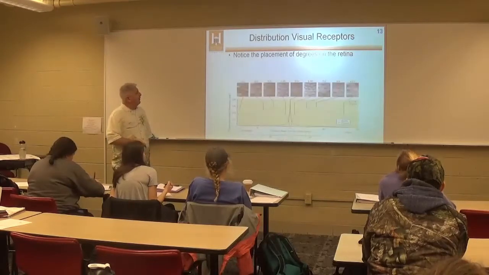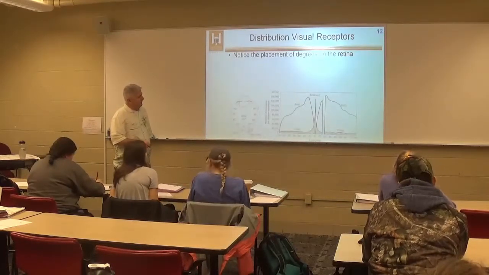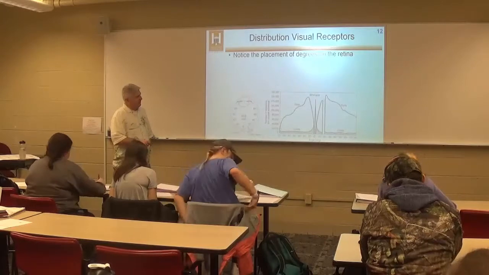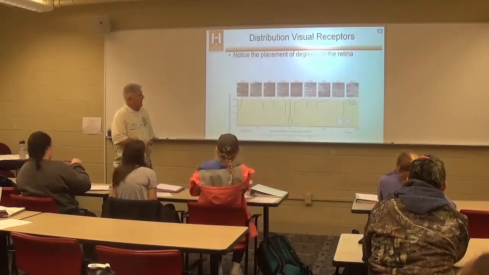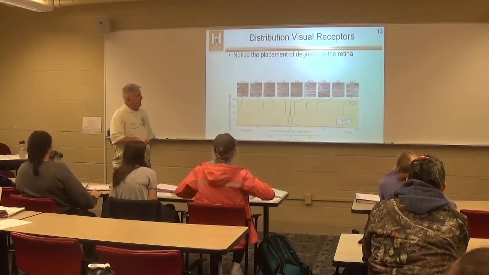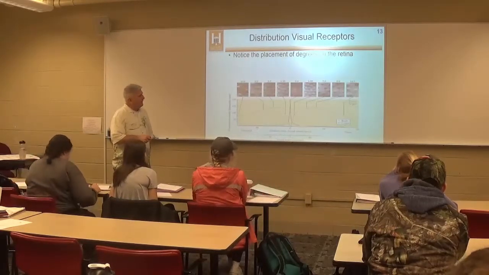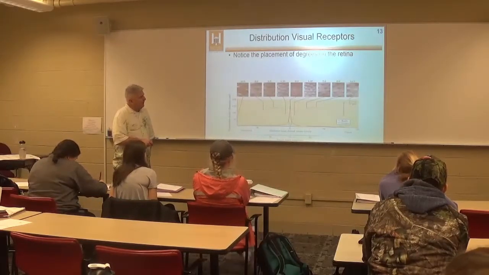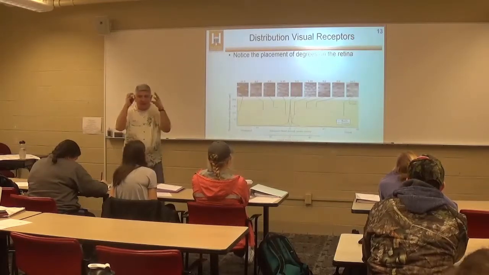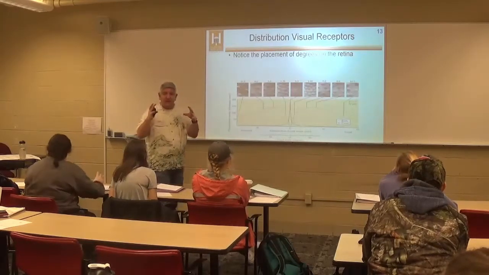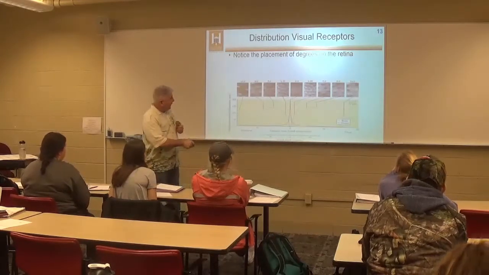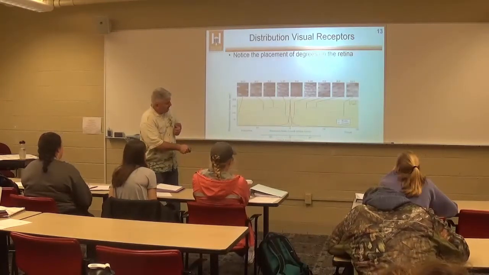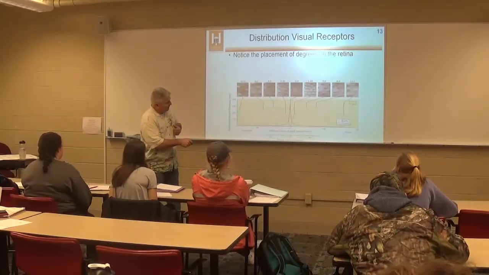I'm going to show you another picture where we're looking at the same distribution of rods and cones, in actual photomicrographs. Right here at the fovea, we have so many cones packed in that there's essentially no room for rods. So the rods drop off, and we really have no rods right in the center.